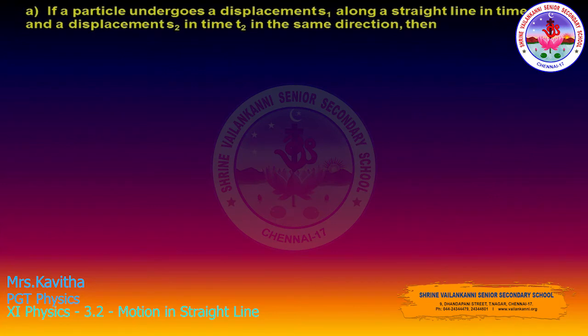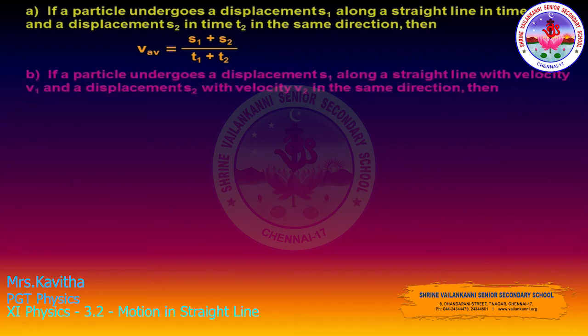Now, if a particle undergoes a displacement S1 along a straight line in time t1 and a displacement S2 in time t2 in the same direction, then V average is S1 plus S2 by T1 plus T2. All this we can use for numerical purposes also.